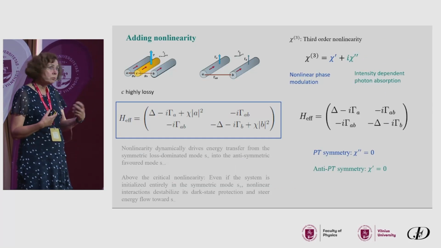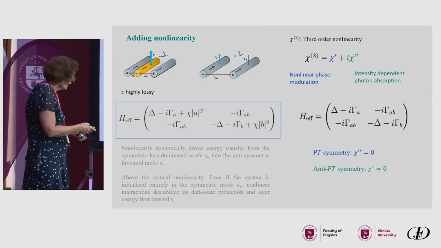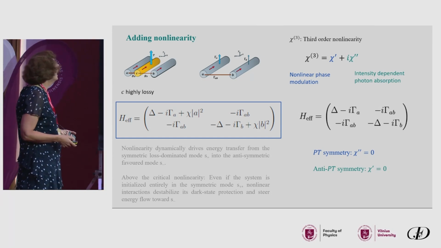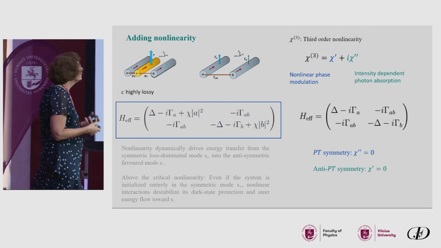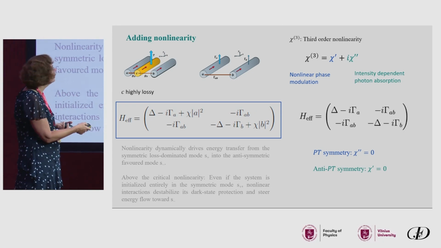And what I also want to do now is add nonlinearity in the system. If I add nonlinearity in the system, it will amend my Hamiltonian, and then it depends in which symmetry I am, which modes I want to look at, individual modes or collective modes.